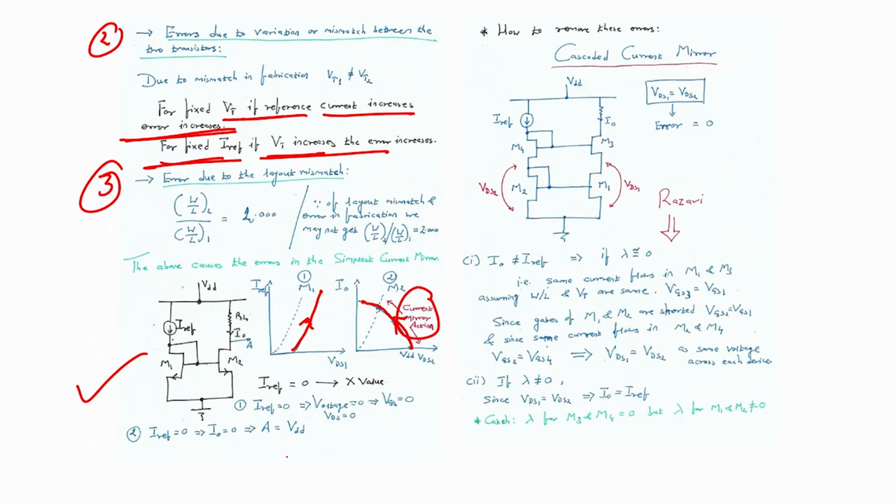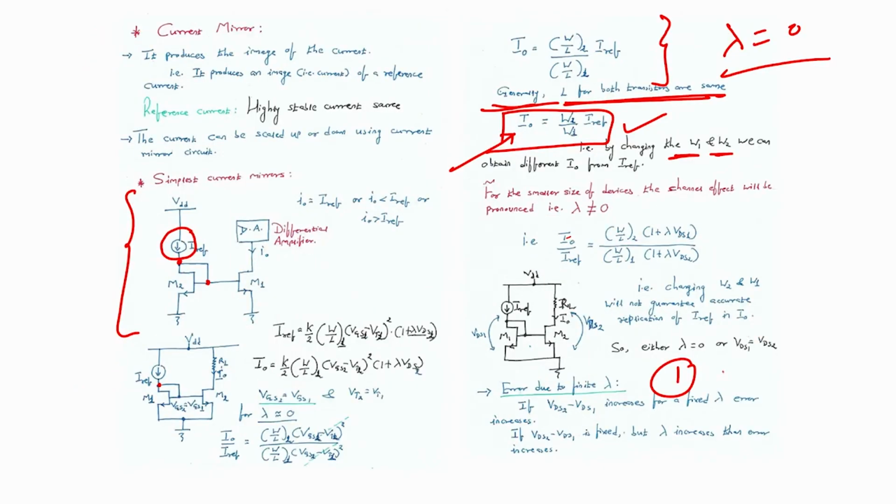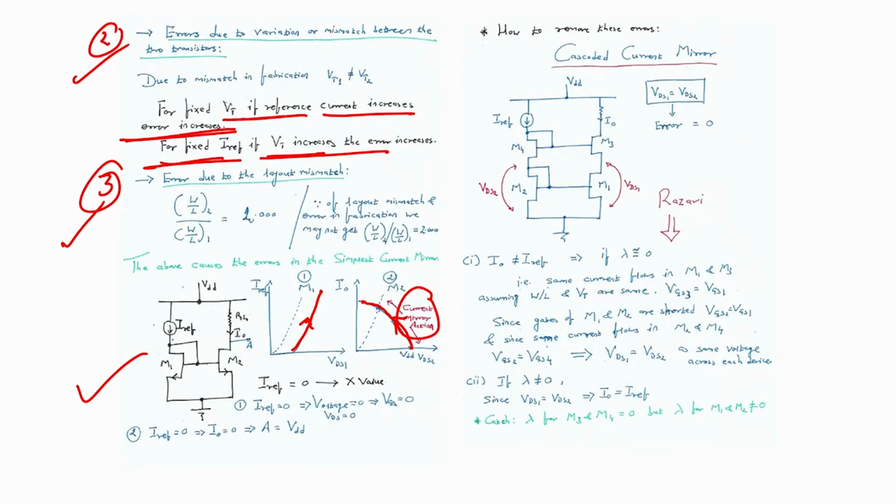So, how can we reduce these three errors, 1, 2 and 3? There is a technique called cascode current mirror.